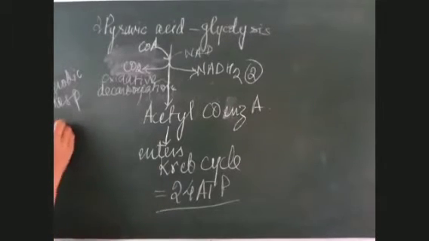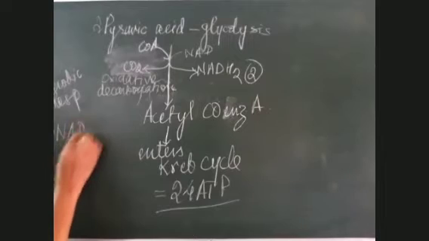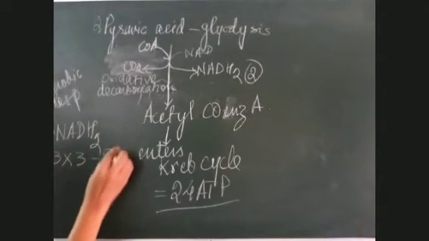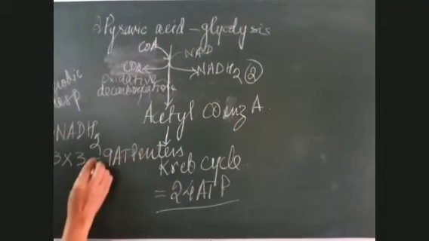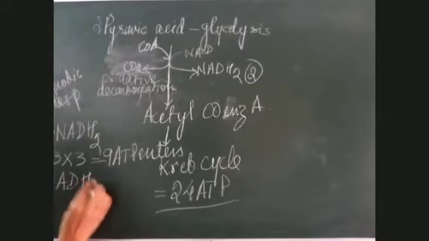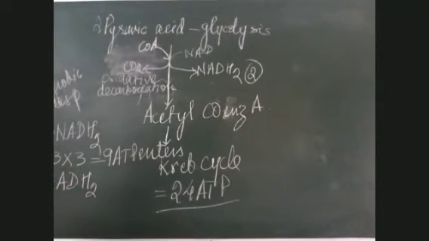3 NADH2 are formed during the Krebs cycle. 1 NADH2 gives you 3 ATPs, so 3 into 3, that is 9 ATPs, are formed by NADH2. 1 FADH2 is also formed. This is also a form of energy.